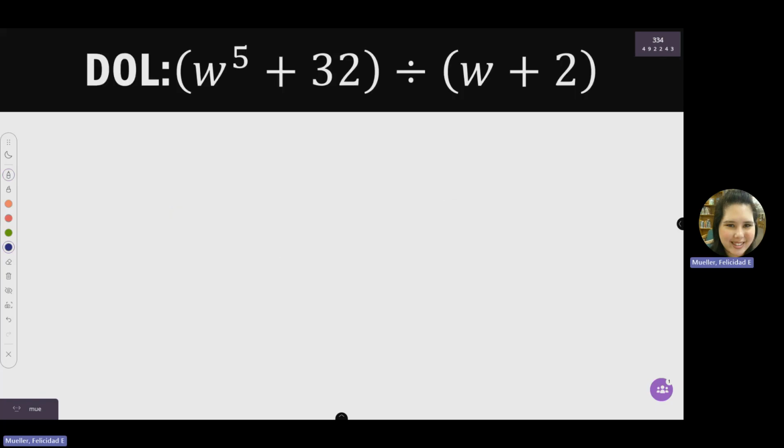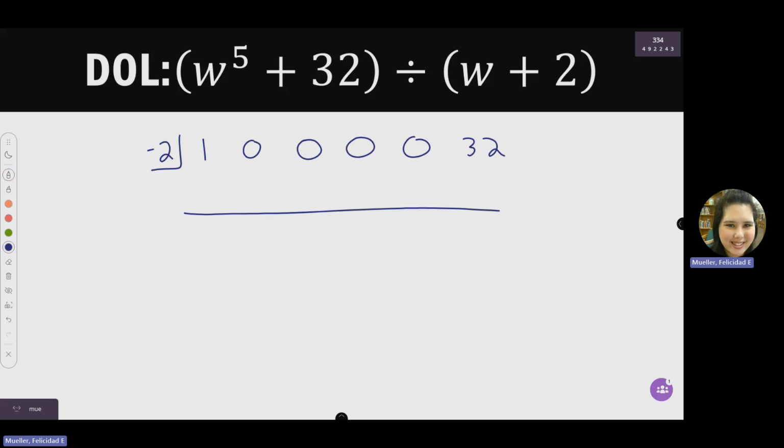I did say that our Bellemere was going to come back. So instead of using long division to do this problem, we're going to do synthetic division. I would have a -2, a 1, 0 for w to the 4th, w to the 3rd, w squared, and w, 32. So we are going to go ahead and use the -2.